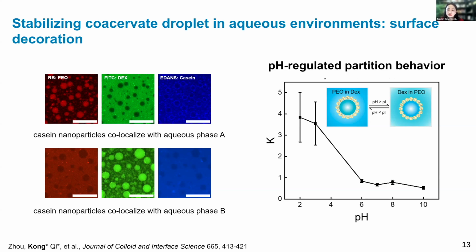Depending on the pH, these keratin nanoparticles can co-localize with either phase A or phase B, while absorbing at the interface. So the key is that their partitioning coefficient shifts dramatically with pH, enabling us to actively control where the particles are relative to the protein's isoelectric point.